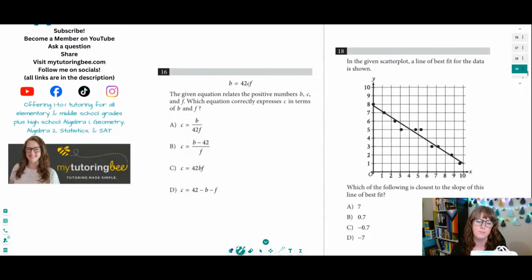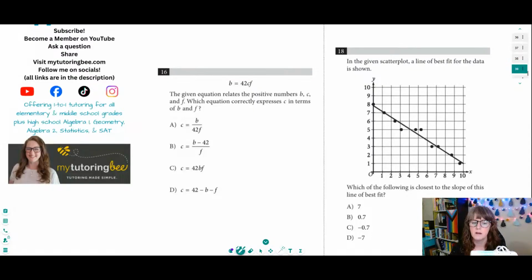All right, we've got an equation here, B equals 42CF. The given equation relates the positive numbers B, C, and F. Which equation correctly expresses C in terms of B and F? Okay, this is what we call a literal equation.